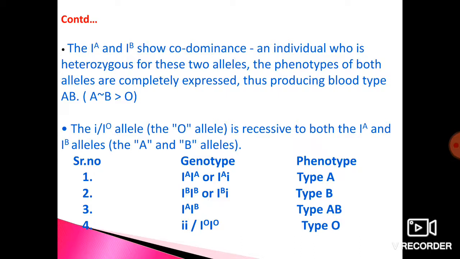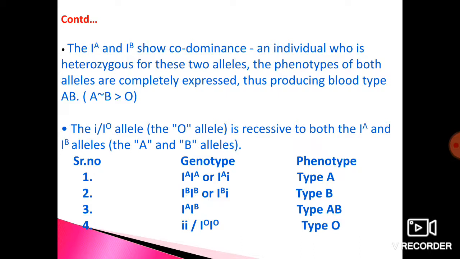Now, if we analyze this, we'll see that the mutant allele IA is equal in its potency and codominant with the mutant allele IB.